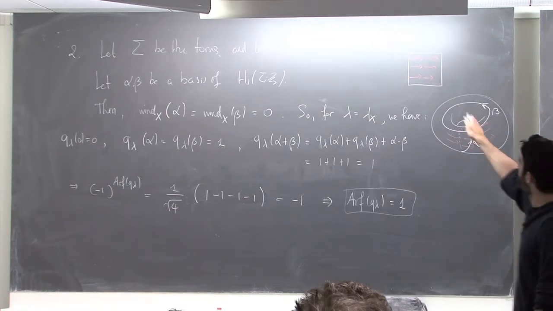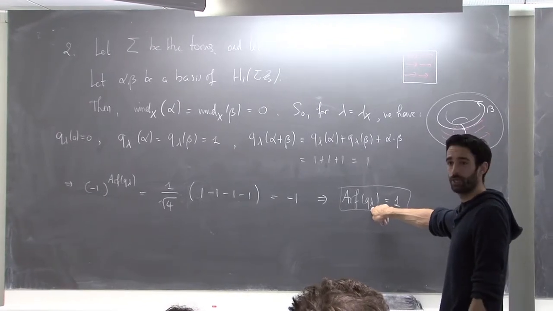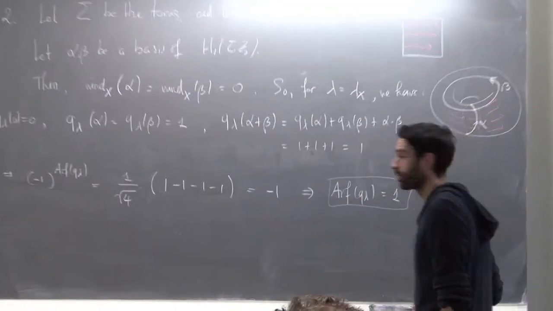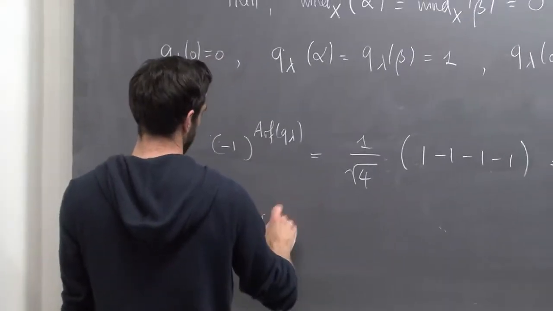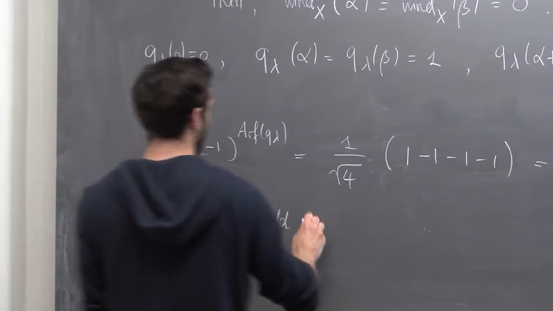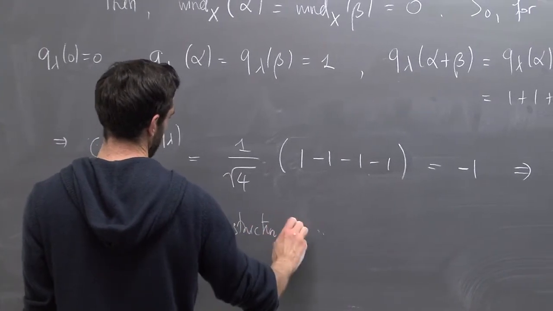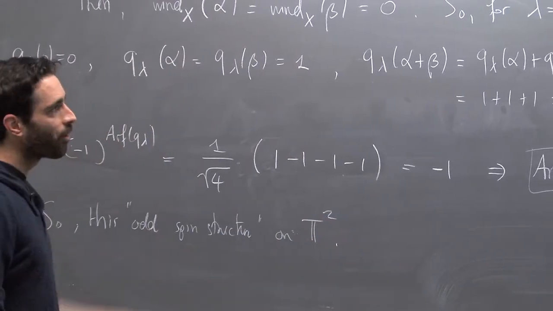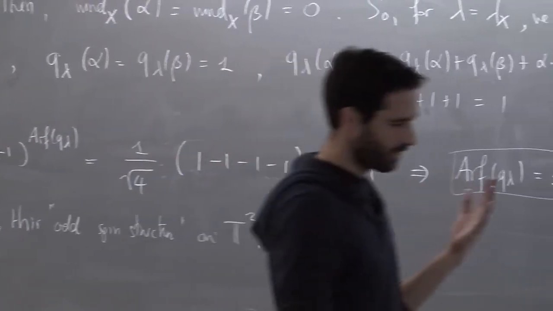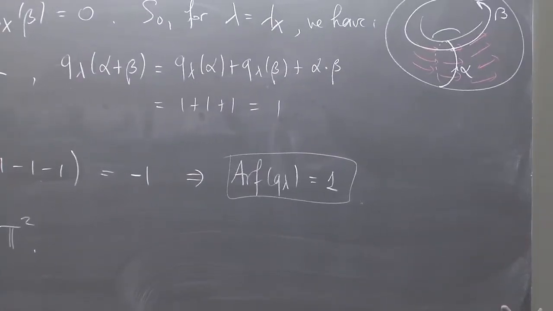So it means that if you look at the constant vector field, the associated spin structure is an odd spin structure. So this is the odd spin structure on the torus. And remember, I had given as an example that in the case g equals 1, the torus, you have one odd spin structure and three even ones.